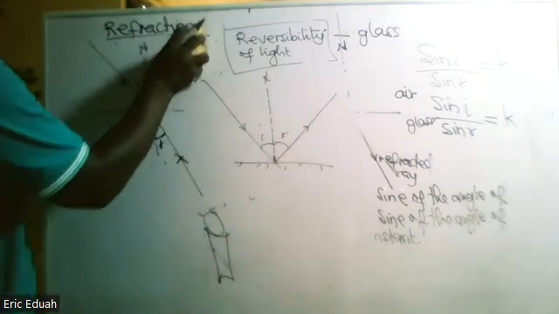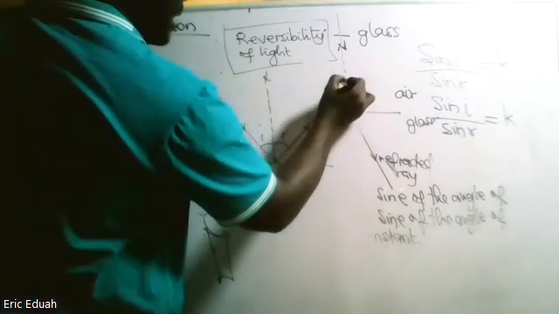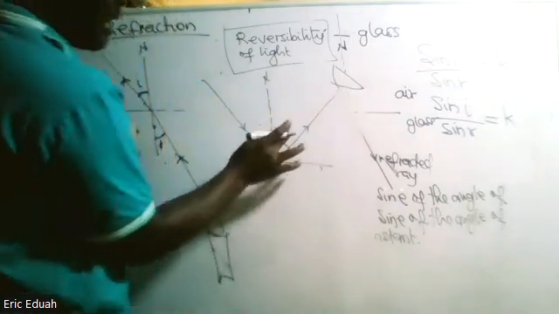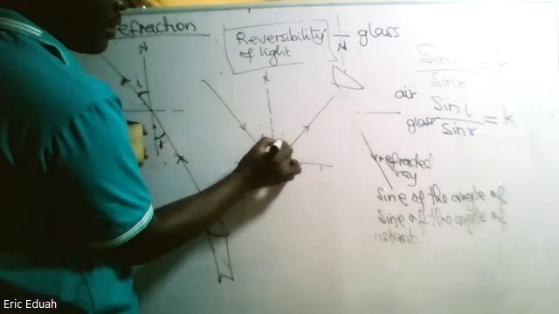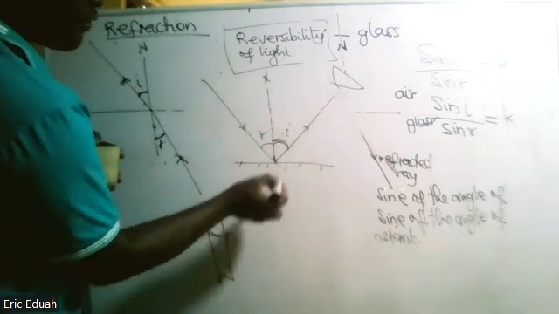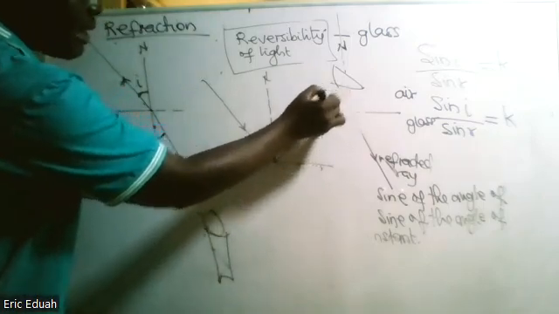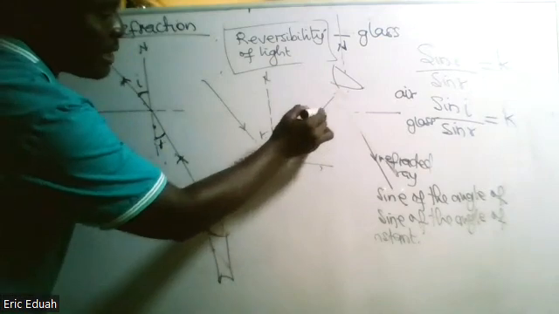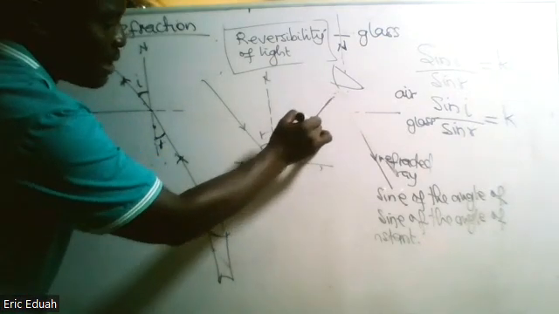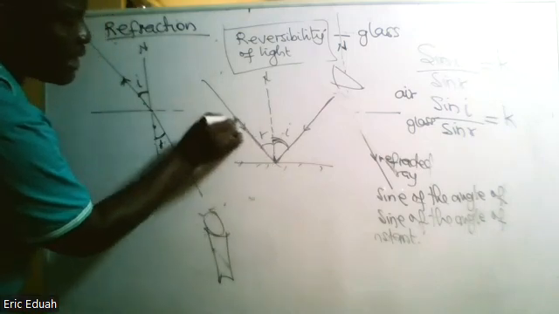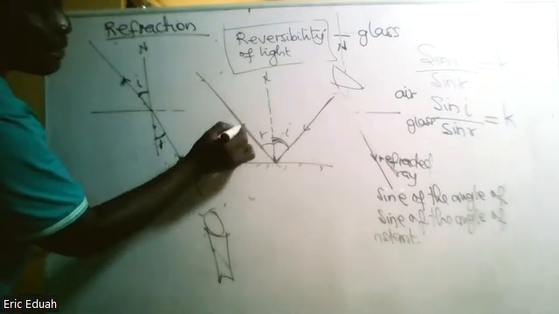If we change the source and then bring it here, when we are giving it this same angle as the angle of incidence, now this will be the angle of reflection. So long as it's about the same angle, it will take the same path.